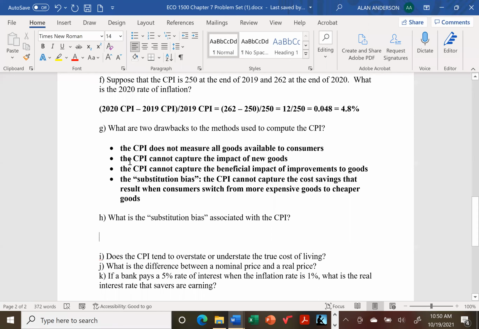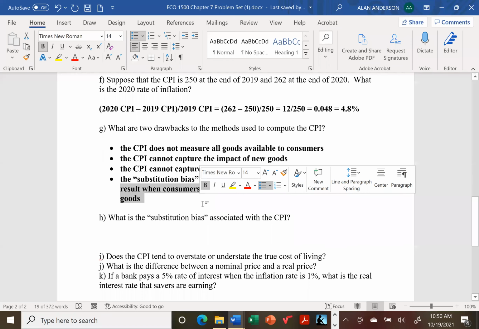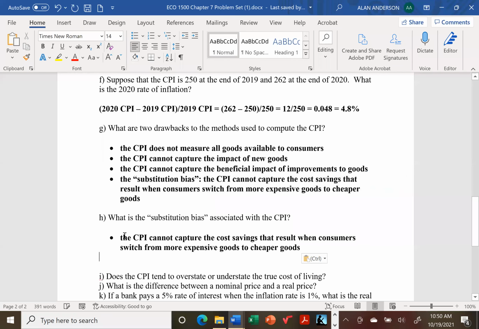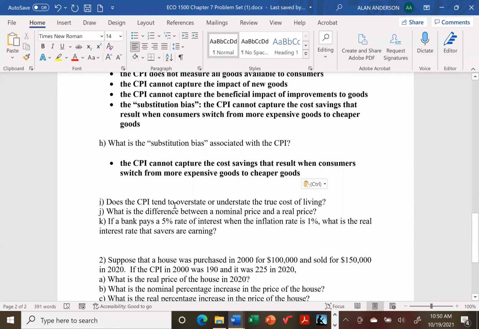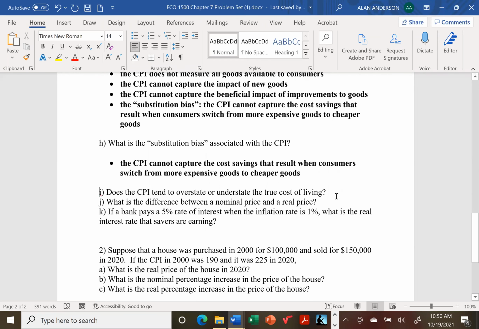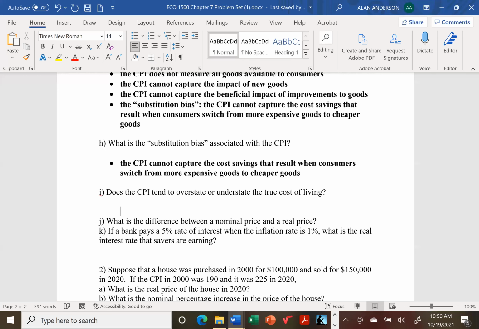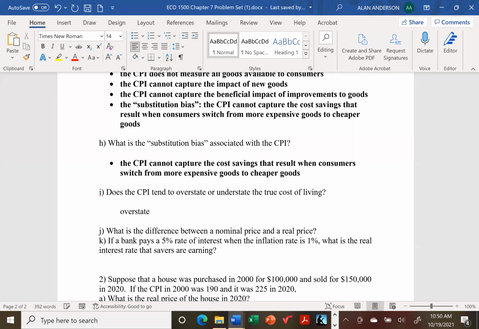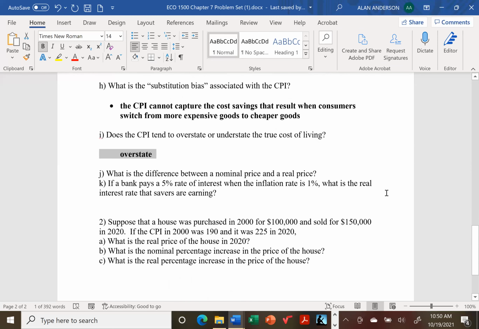Now, the substitution bias, I've actually already explained that, so we can put that in there. And as I've already mentioned, the CPI tends to overstate the true cost of living, although not by all that much. They've been consistently improving this measure over the years, and so the difference isn't that great anymore.